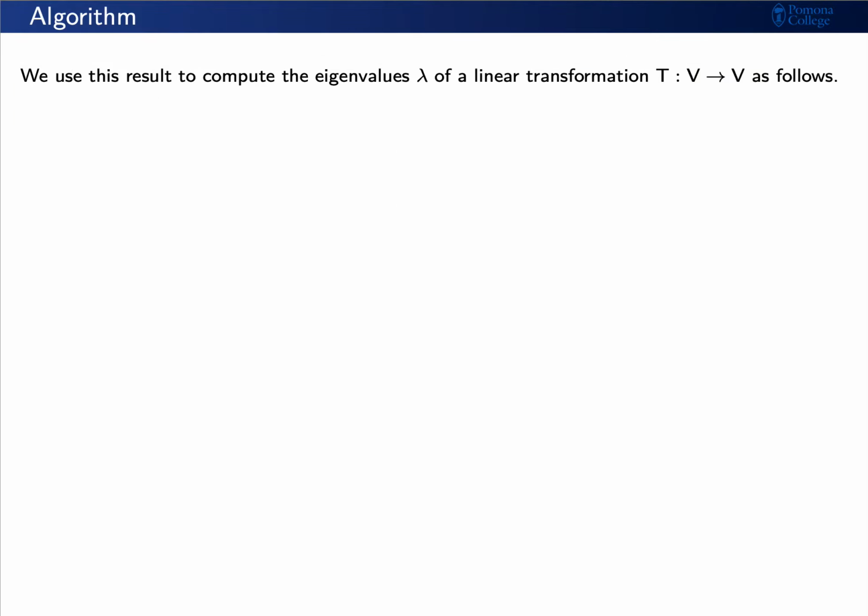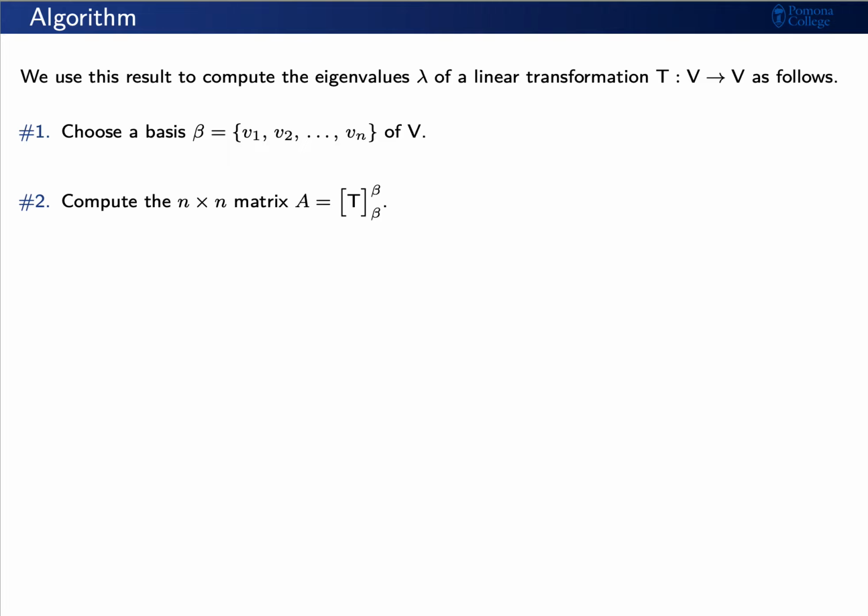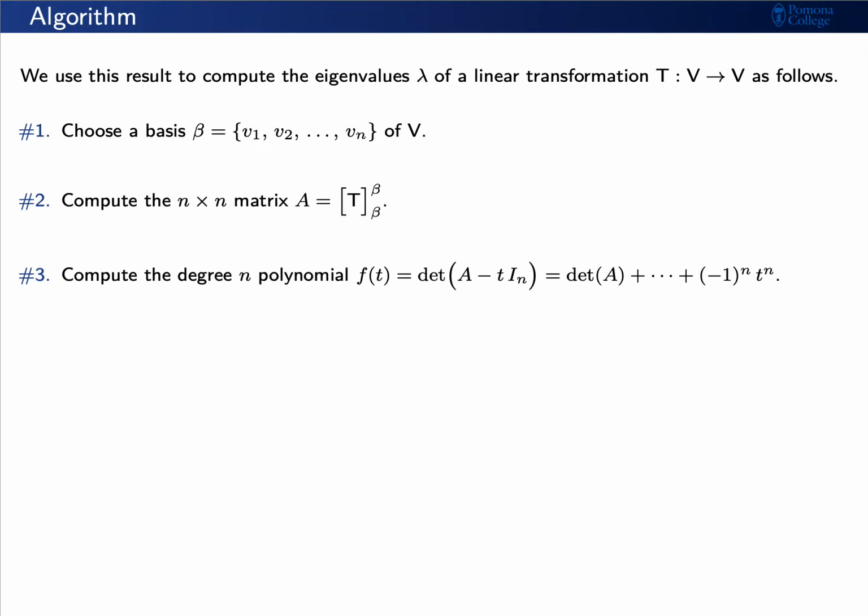We're going to spend some time proving this theorem, but first let's explain how to use this result to compute the eigenvalues lambda of a given linear transformation T. First step, we'll choose a basis beta of our vector space V. Doesn't matter which basis we choose. Second, we'll compute the n by n matrix A, which is just the matrix representation of T with respect to this basis beta.